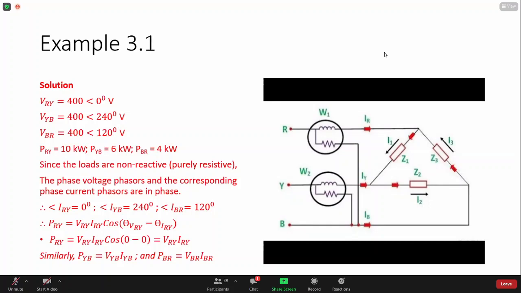So for example, VRY is the voltage phasor for the red yellow phase. And IRY would be the current phasor for the same red yellow phase. Now when the load in the red yellow phase is purely resistive, then VRY and IRY are going to be in phase.